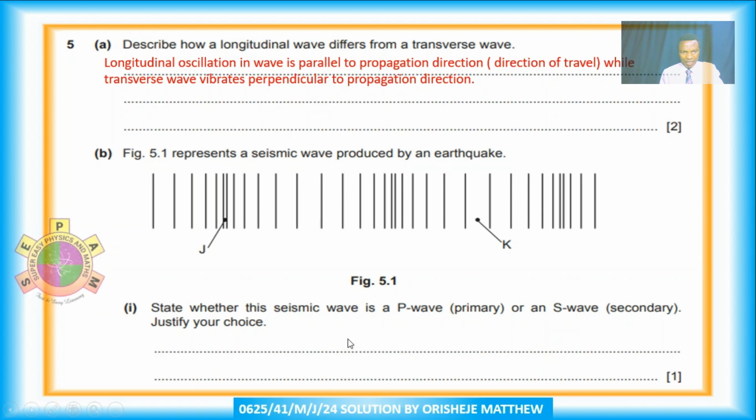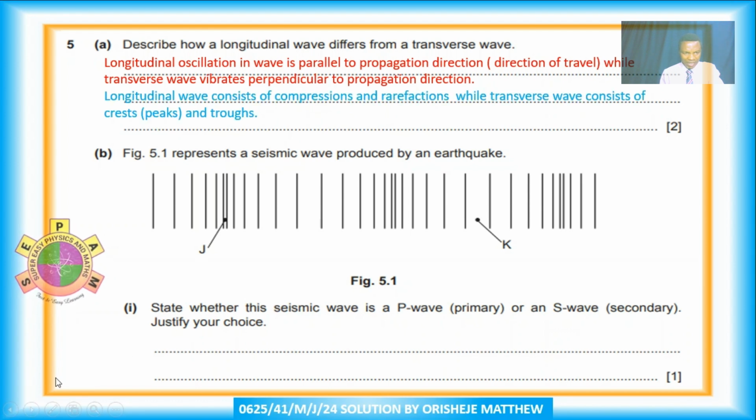Let me explain that quickly. If the wave is traveling to the right, then for a longitudinal wave, the particles will vibrate to and fro, left to right, right to left, so in the same direction, parallel.